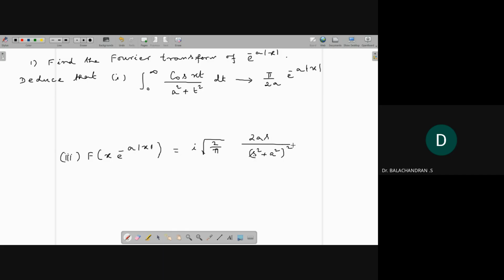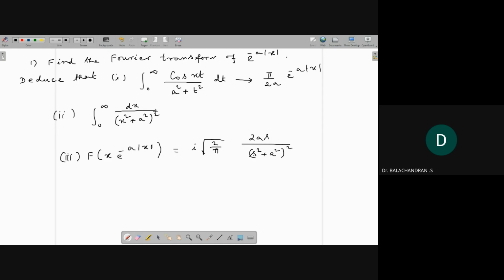Subdivision number 2 is: I should deduce the value of the integral from 0 to infinity of dx divided by (x square plus a square) whole square.